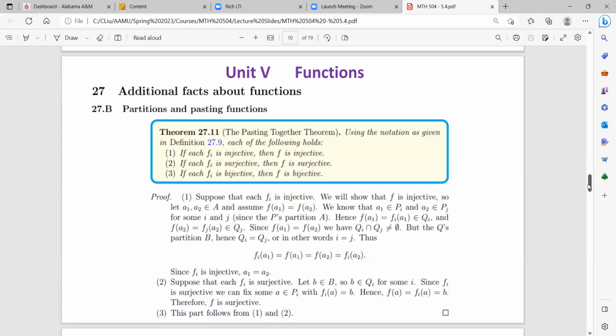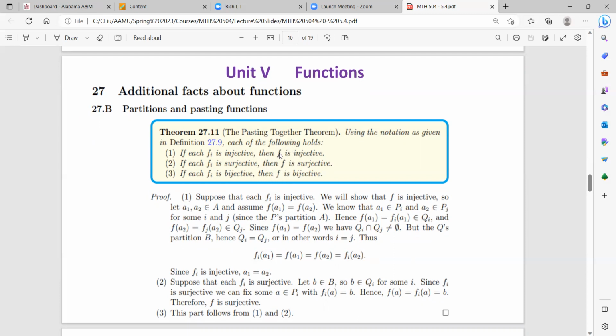Well, there are some interesting properties about partitions and pasting functions also. That's called the pasting together theorem. And again, we talk about injective and surjective.